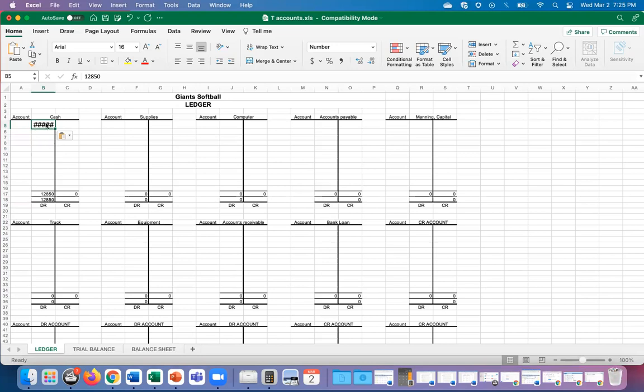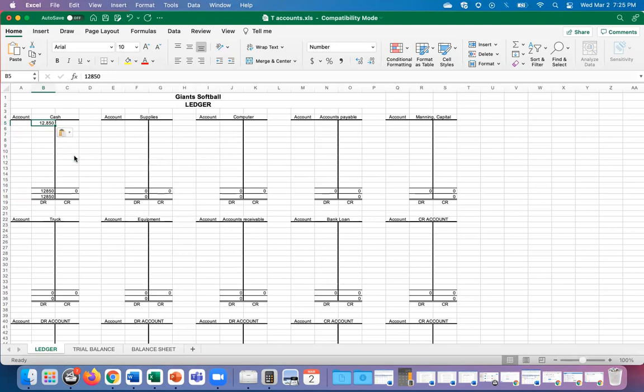This is a common thing where you put a number in, and it's too big for the cell. What it does is show you all of these pound signs, or as we call them now, hashtag signs. That just means there's not enough space to display the number in the cell. For this, I'm just going to hit match destination formatting. It should make it smaller.